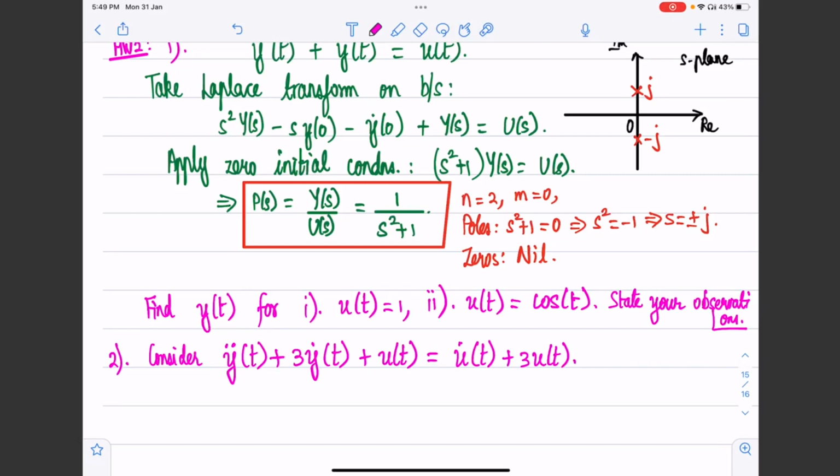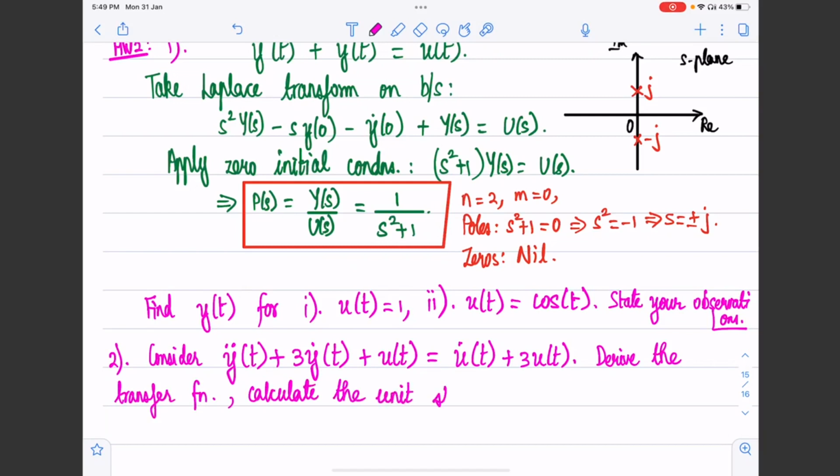What I want you to do is derive the transfer function, calculate the unit step response, and state your observations. Of course, you have to compare it with what we got previously.